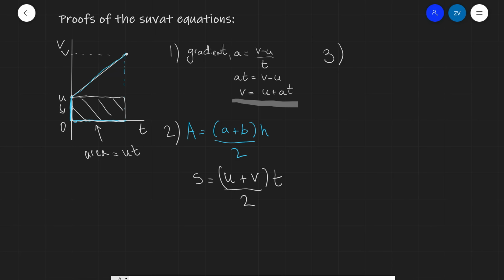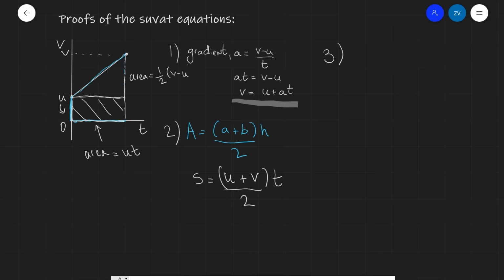Now the area of this one will be equal to half base times height, because that's the area of a triangle. So the area here will be a half times the base, which is just t, and our height will be v minus u.